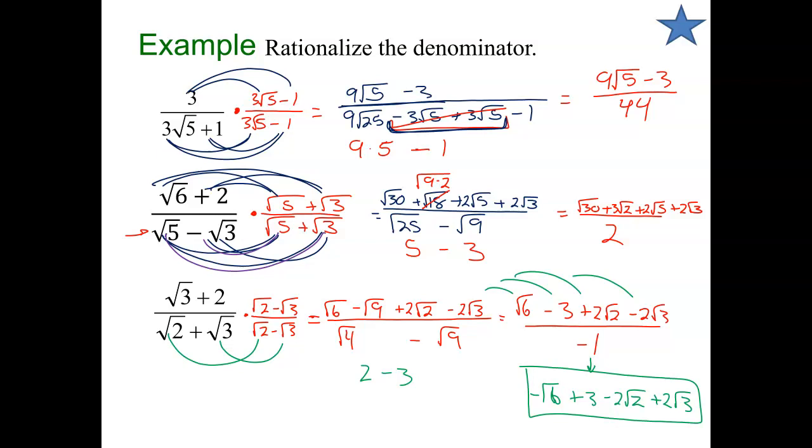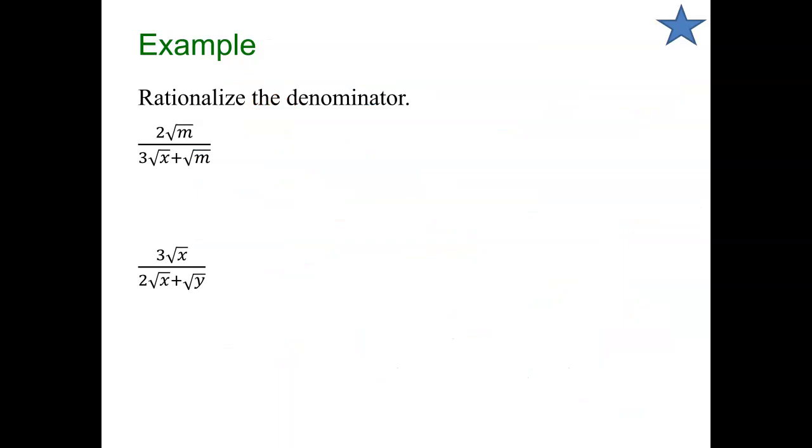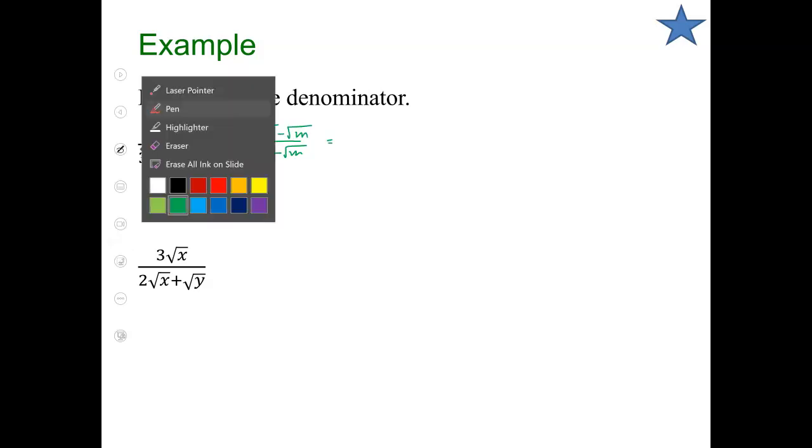I added 2 more examples in so that we have some variables with our conjugates. It's the same process. What's my conjugate for this first denominator? It's the root m. Okay. Over 3 root m minus root m. Okay. So let's do our distributive property. First one.